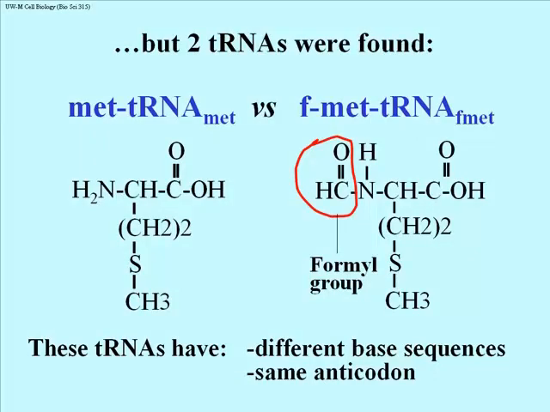But in the mid-60s, it was quite a feat to sequence actual RNA molecules, and the tRNAs were sequenced in part because they were short, and in part because they have a lot of base modifications which made the chemical sequencing of these things a bit easier. So you may remember, tRNAs are processed after they're transcribed to include a lot of unusual bases. So these 2 tRNAs, tRNA sub-met and tRNA sub-fmet, could be sequenced, and they had different base sequences, but they did indeed have the same anticodon.